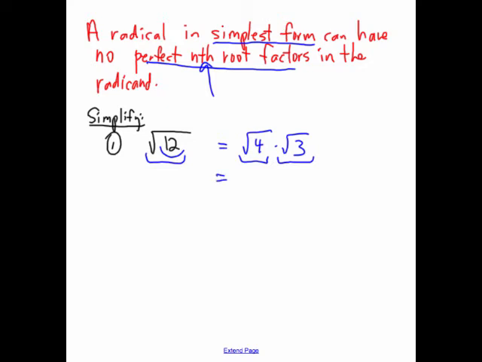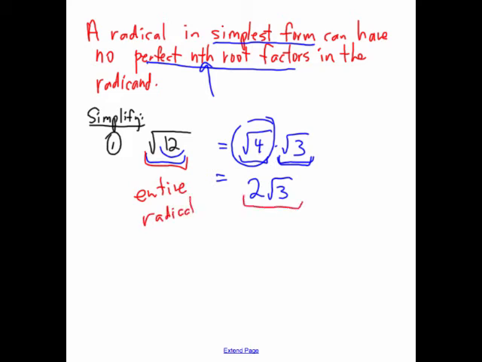What we're doing here is that this now breaks down to a rational number. The square root of 4 is 2. The square root of 3 is still an irrational number, so we're going to write it like this. So what we're saying is that the square root of 12, which we call an entire radical, is equal to 2 multiplied by the square root of 3, which we call a mixed radical, because this number is made up of a rational number multiplied by an irrational number.